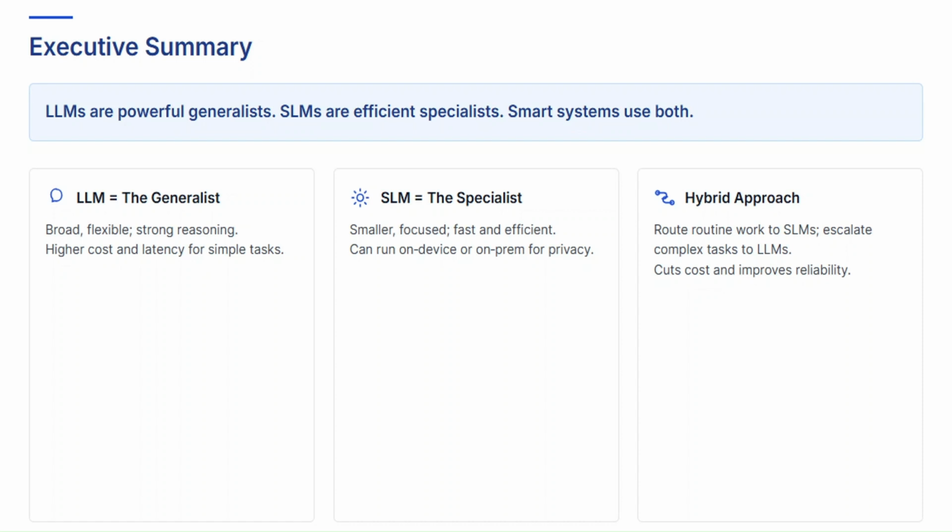Think of LLMs as broad thinkers: flexible, knowledgeable, and capable of handling complex conversations. SLMs, on the other hand, are designed for speed, cost efficiency, and precision in specific tasks. As we go forward, we shall unpack this idea step by step.